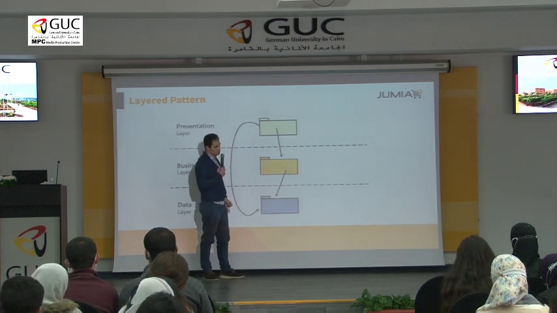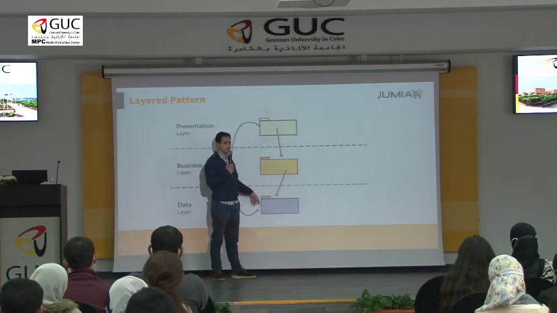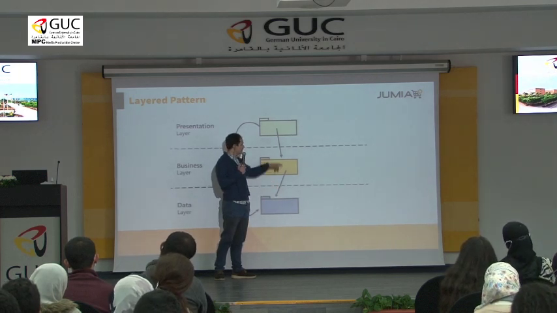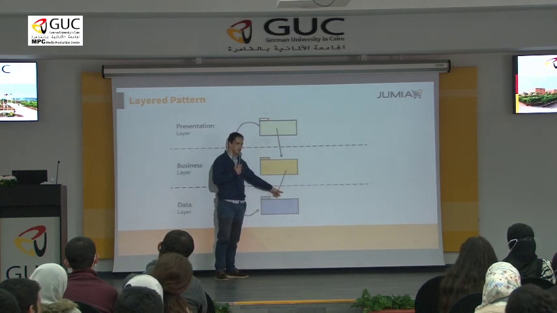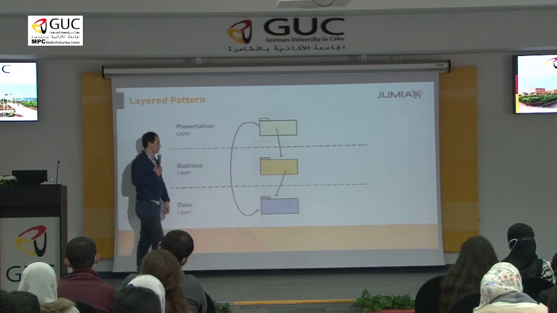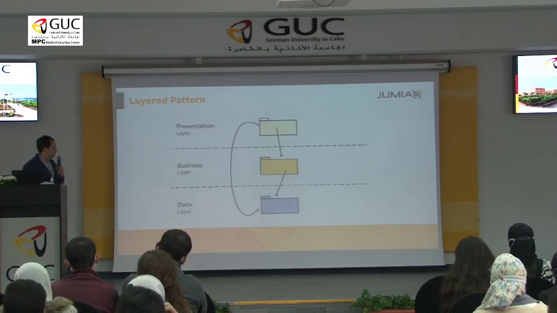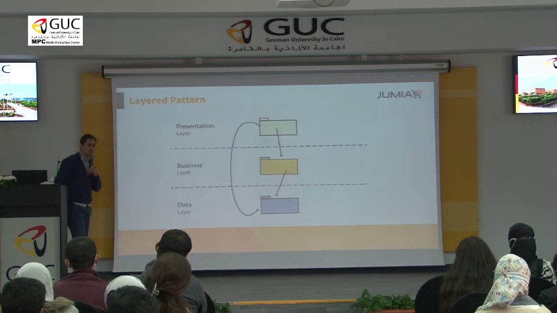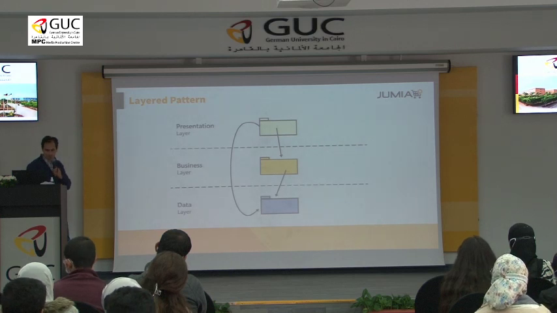If you share your domain in different layers and you need to change something here, you need to fix the problem here too. That's why the domain is not isolated. And we are going to see a subset of this architecture that will allow us to have a totally isolated domain.